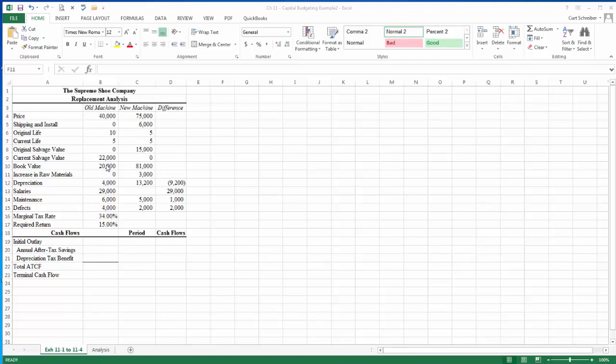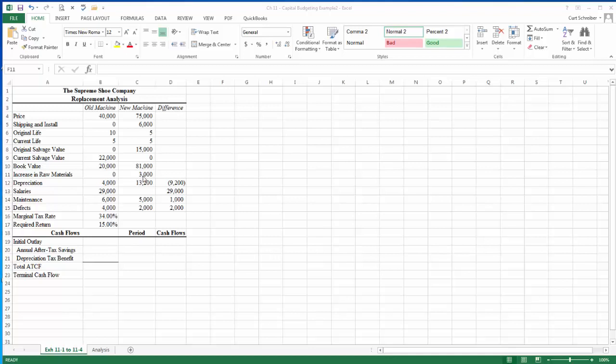It's important to recognize that gains and losses have a tax effect, and so even though we will have a cash flow of $22,000, $2,000 of that is going to be taxed at 34%. So we need to factor in the tax consequences of a business decision.